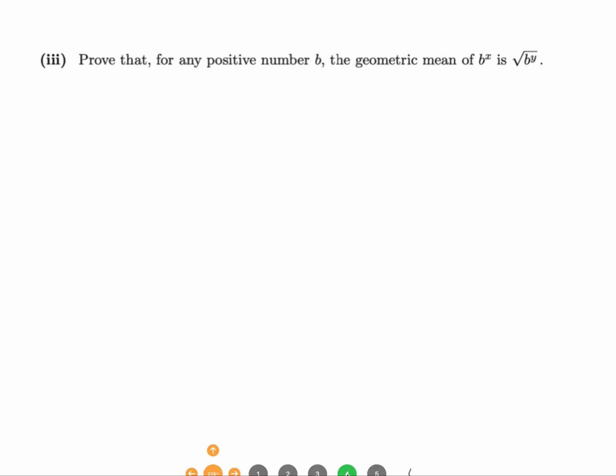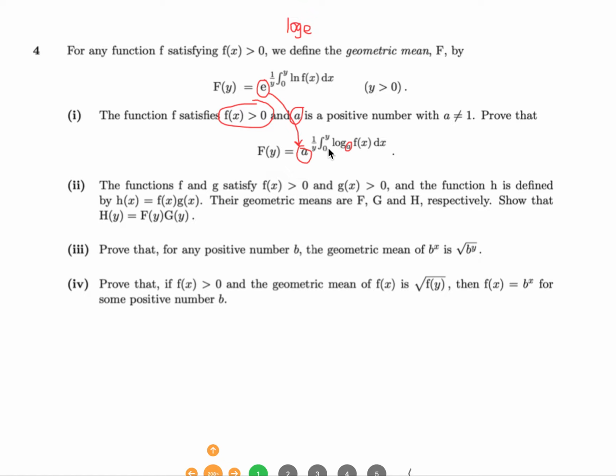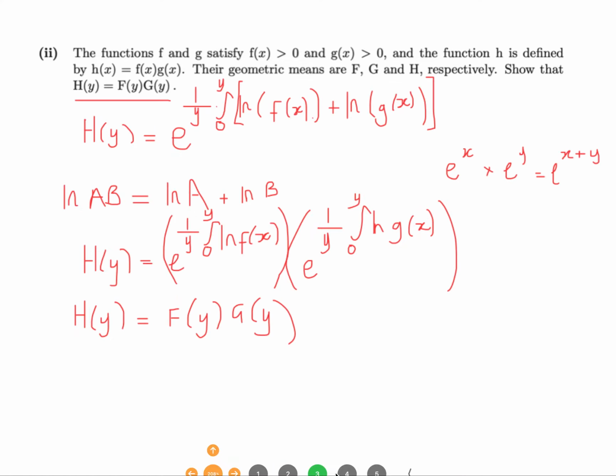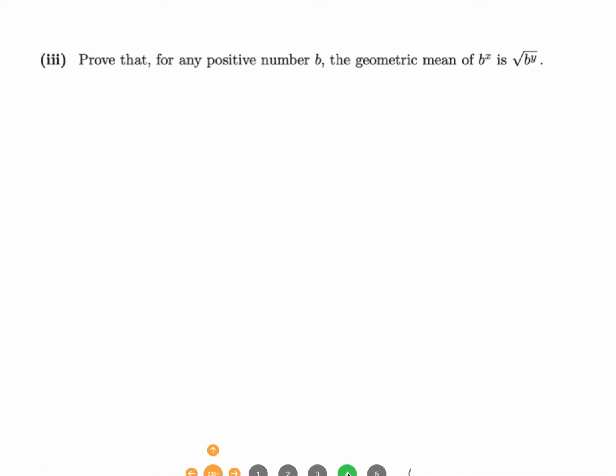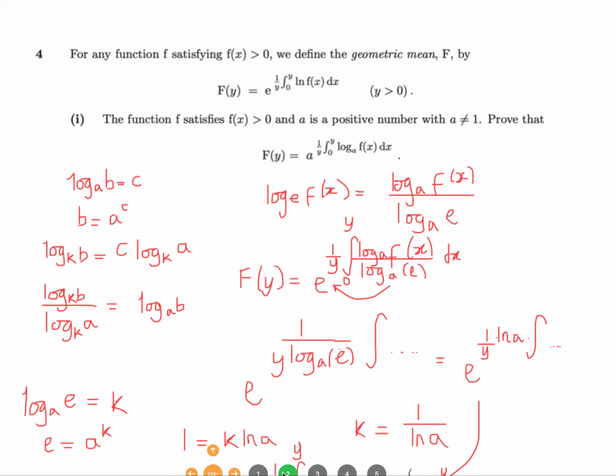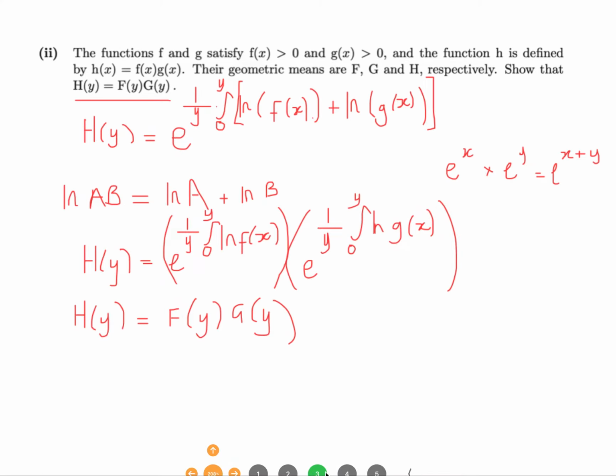Prove that for any positive number b, the geometric mean of b to the x is b to the power of y. Okay. Now, as our function f of x is going to be b to the x, I've got a funny feeling that I actually want to use this version of the geometric mean, not this version, because I can choose a to be whatever I want. So I could say when a is b.